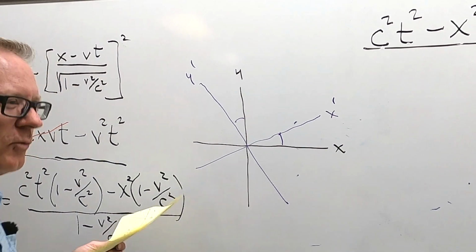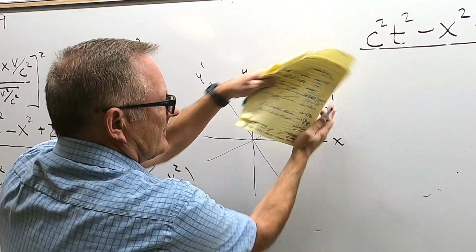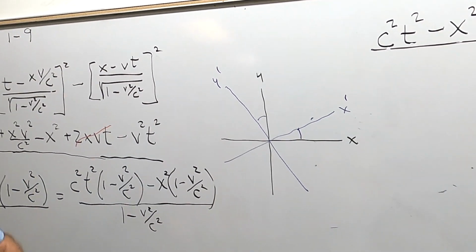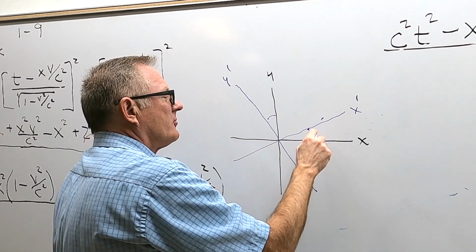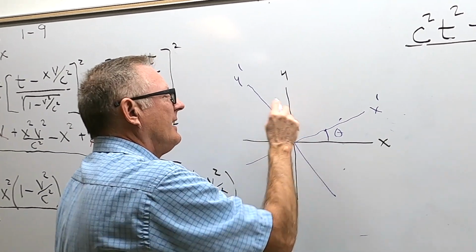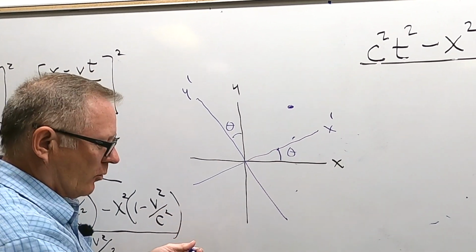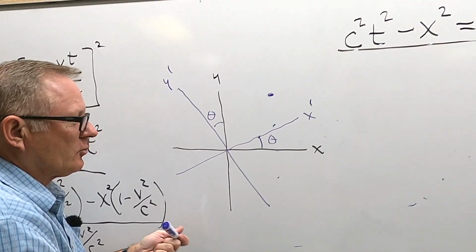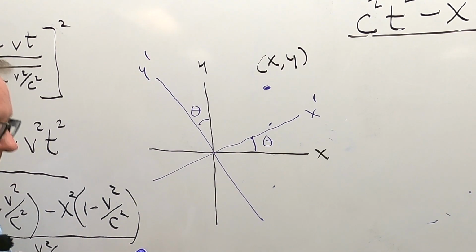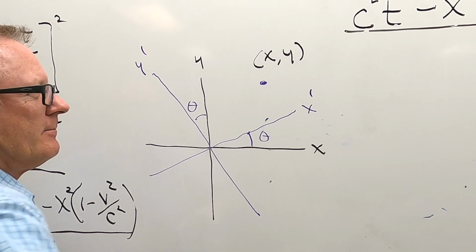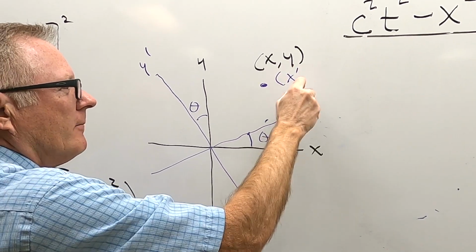So this is different than what we're doing. Here, it's all going this way. In our special relativity, they both come towards each other, but this is just a straight rotation, theta and theta. And we had a point out there on the black coordinate system. It was x, y. And on the purple coordinate system, it was x prime, y prime, just like what we're doing over here.